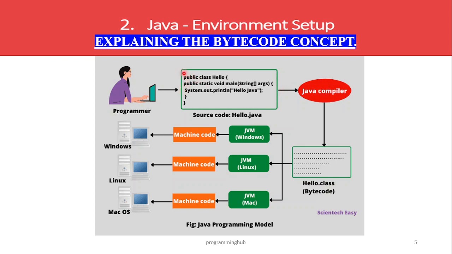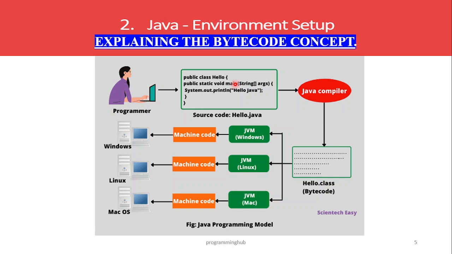It looks for any syntactical errors you may have committed. For instance, have you punctuated it correctly? Have you terminated each statement with a semicolon? Have you labeled your classes and methods correctly?